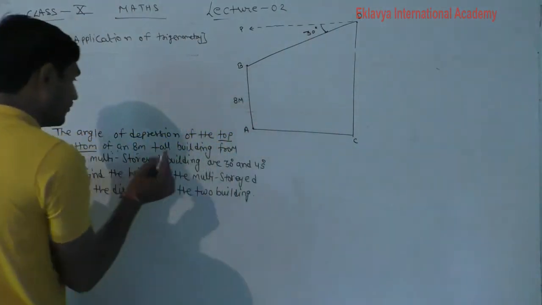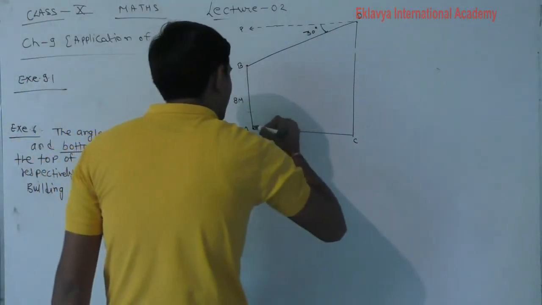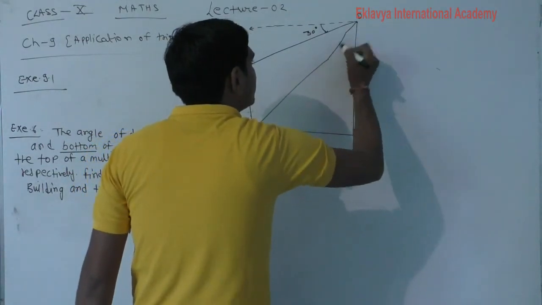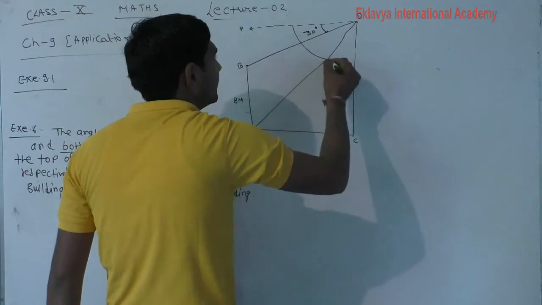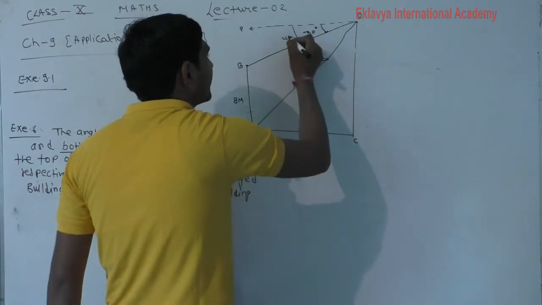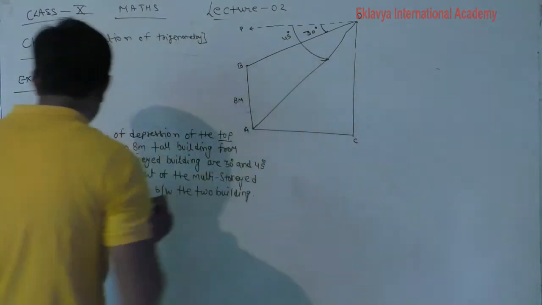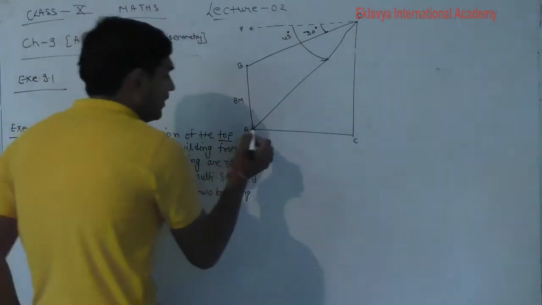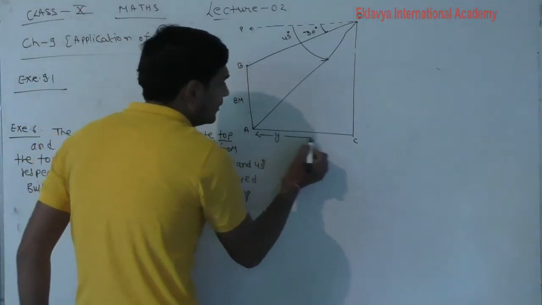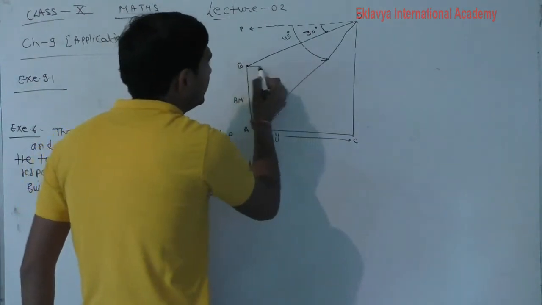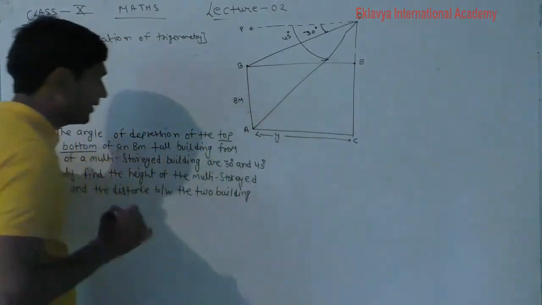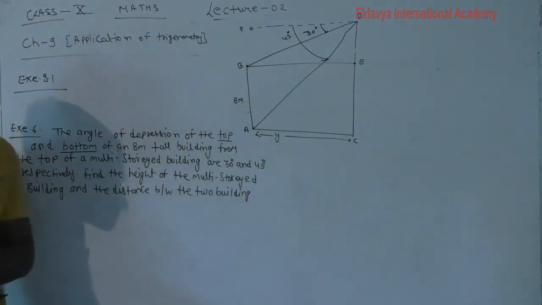And from the bottom the angle of depression is 45 degree. Then find the distance and the height of the multi-story building. So let us consider the join of them as point E. So first of all understand the diagram.